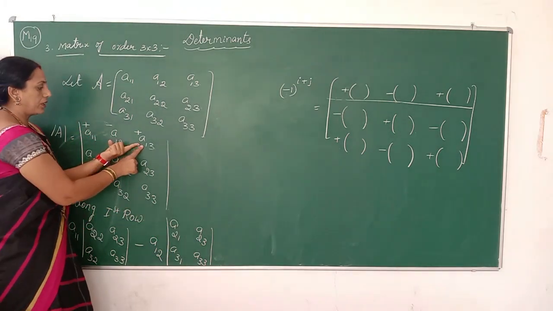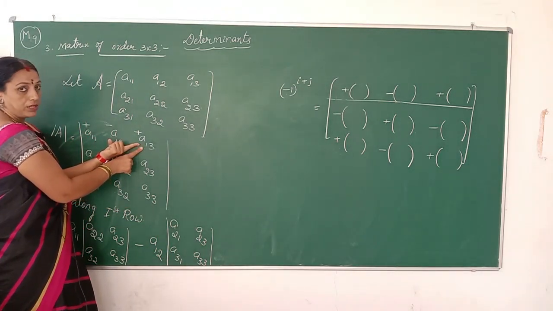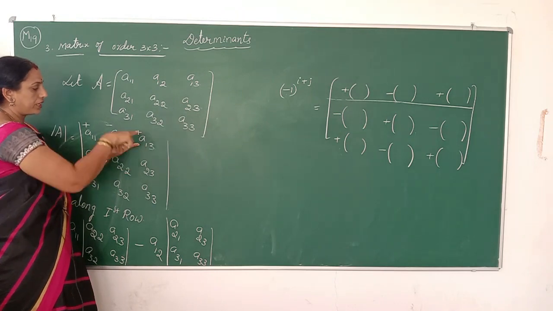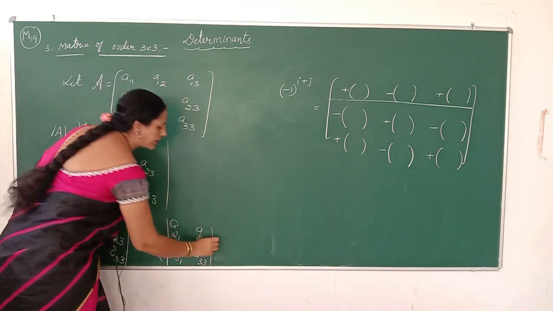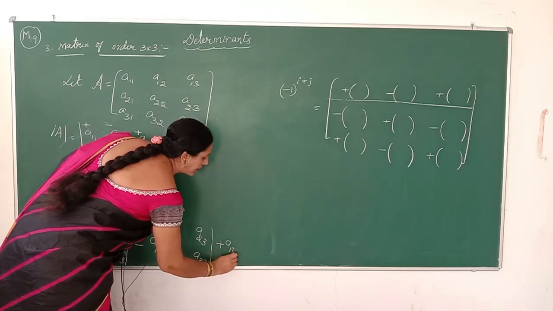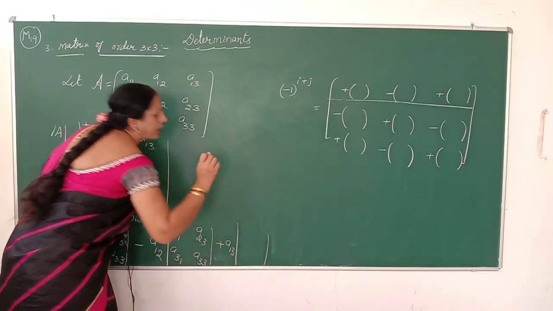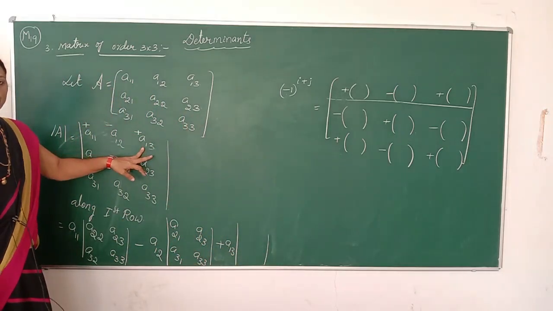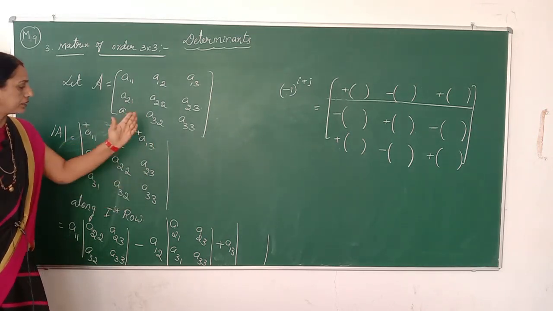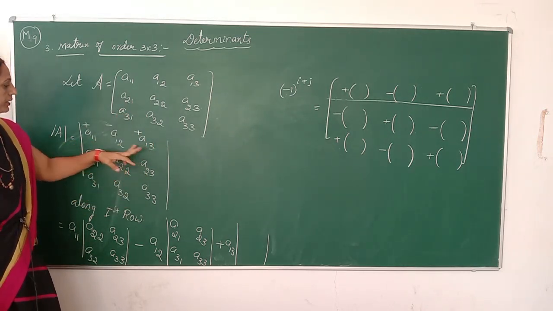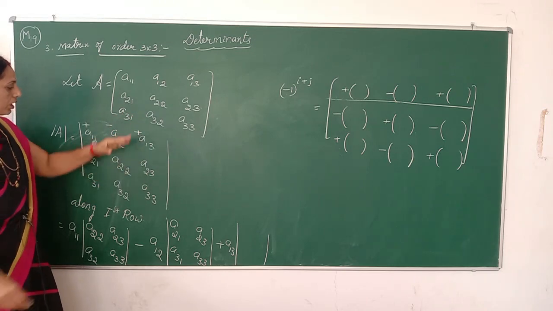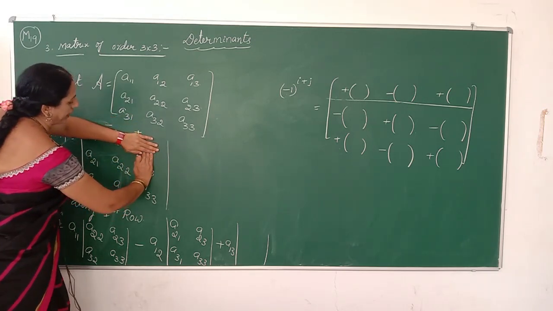Now come to the third element of the first row, which is A13. It's multiplied by plus, that is plus A13 of. Again A13 is an element of first row and third column, and again these elements get neglected.